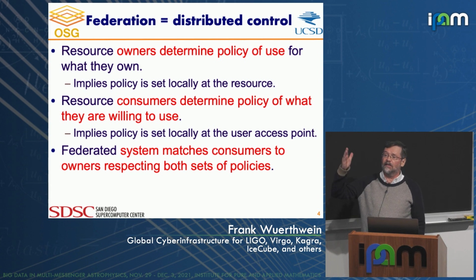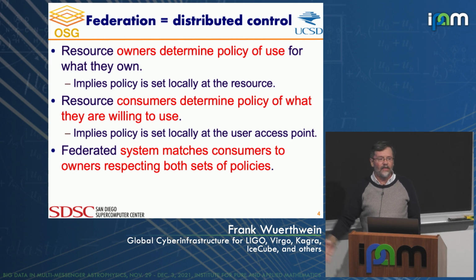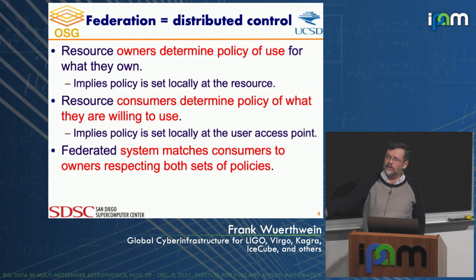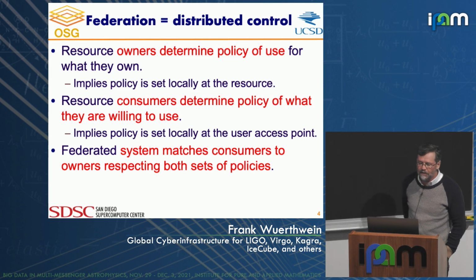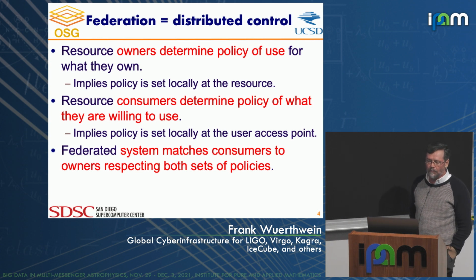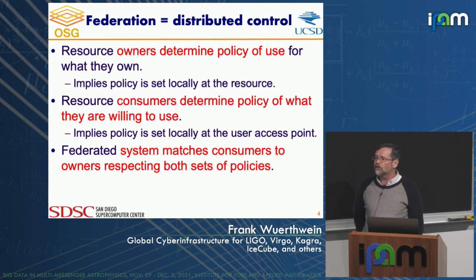So LIGO decides as a resource user, I'm willing to use resources of the following kind, and then as an institution, I can join my resources and offer my resources up. And then these projects like OSG and PRP, they provide the necessary services in order to match consumers to providers, and voila, science gets done.